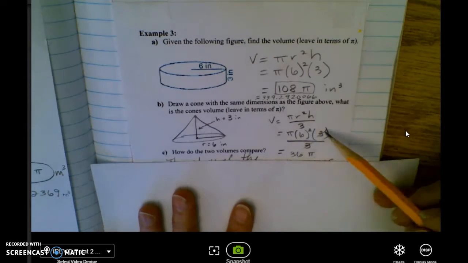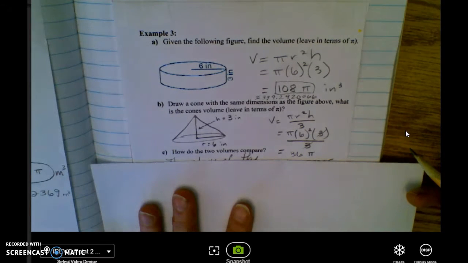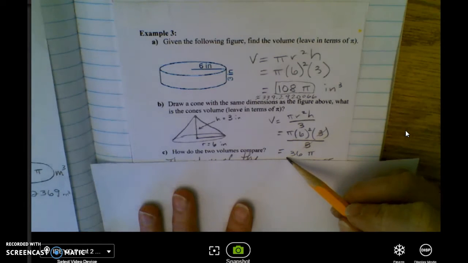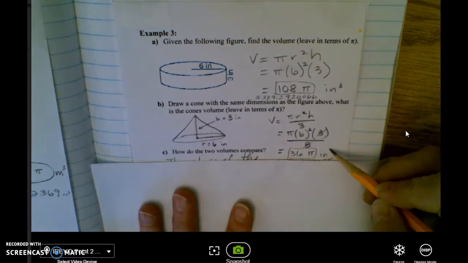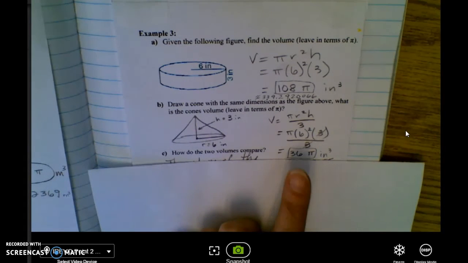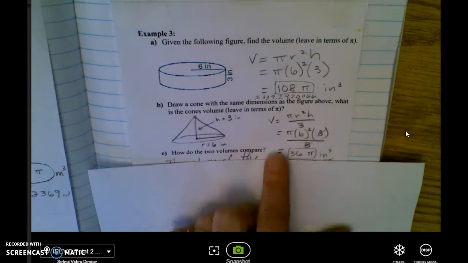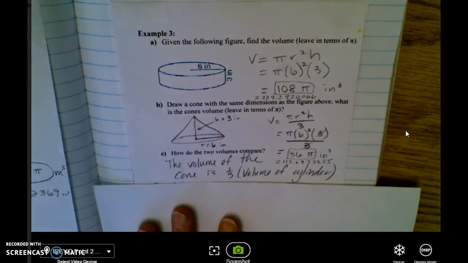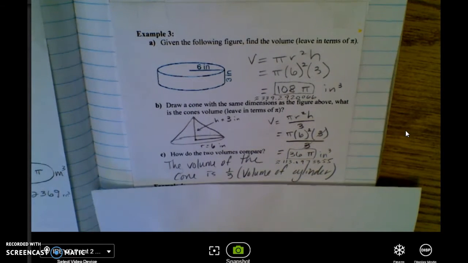But if you were to calculate this, 108 divided by 3 does give you 36. So to answer the question about how your volumes compare, you need to remember it's going to take 3 of these to fill up that cylinder. 36 times 3 is going to give you 108. So we could say the volume of the cone is 1/3 the volume of the cylinder.